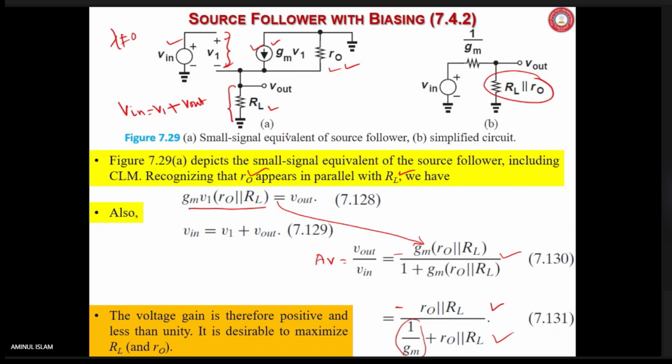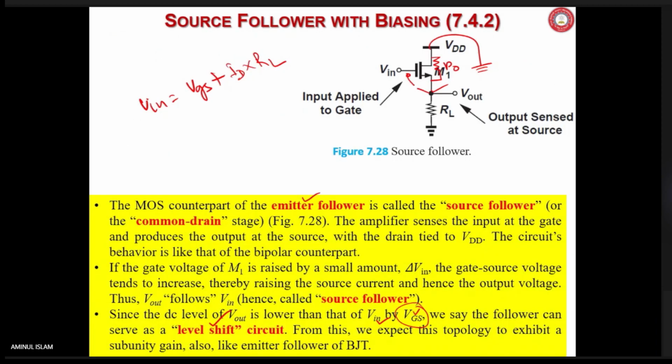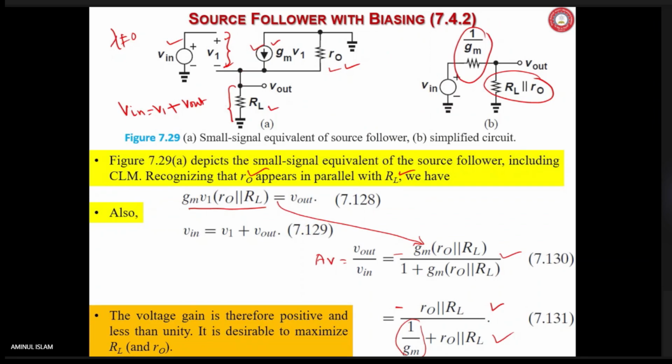And the resistance over here is written 1 upon gm. Can you understand why it is? See the circuit here, and then in the simplified version of the small signal, what you get here is this diagram. Why is it 1 upon gm?